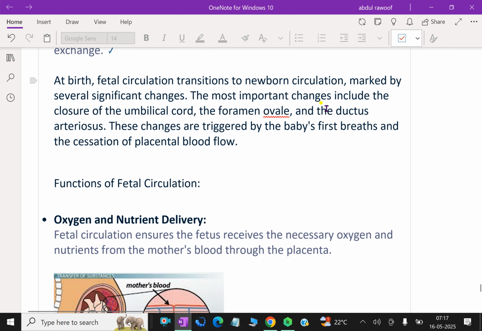The most important changes include the closure of the umbilical cord, the foramen ovale, and the ductus arteriosus. These changes are triggered by the baby's first breaths and the cessation of placental blood flow.